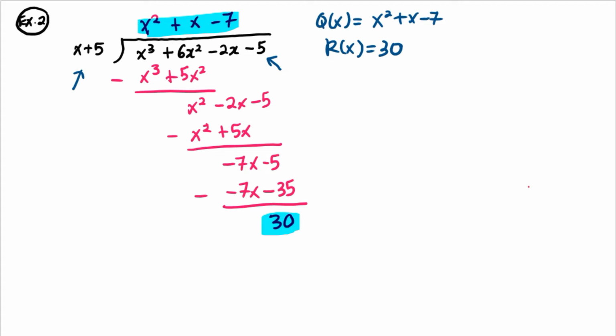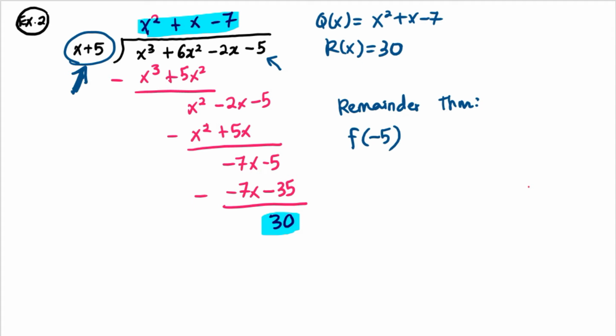Now, what if the question asks you, without using long division, what is the remainder of this polynomial when it is divided by x plus 5? So without using long division, you just need to find this using the remainder theorem. To find the remainder of this polynomial when divided by x plus 5, you have to find f of negative 5, because this is a positive 5.